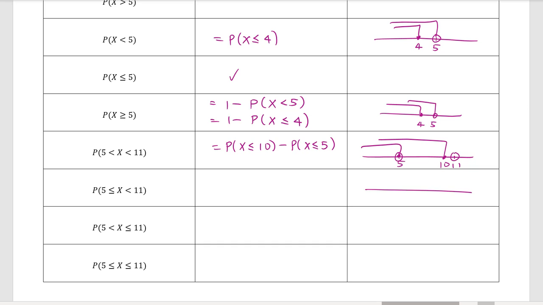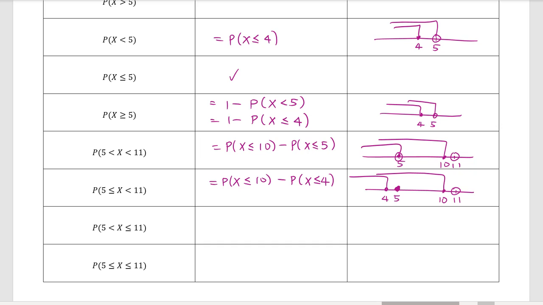All right, good. So the next one, 5. Now we want to include the 5. And we don't want to include the 11. So you have less than or equal to 10 minus, you don't want to subtract less than or equal to 5 because then the 5 is gone. You want to subtract less than or equal to 4. So that's why this is P of x less than or equal to 10 minus P of x less than or equal to 4.